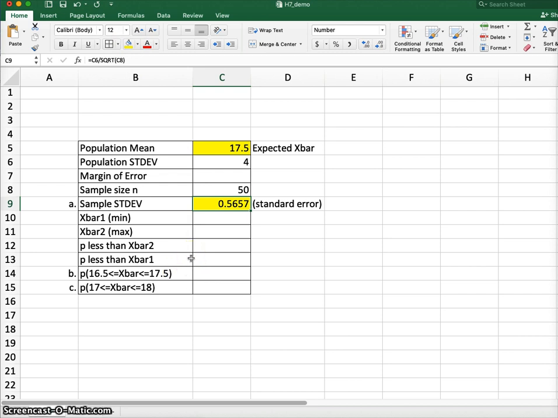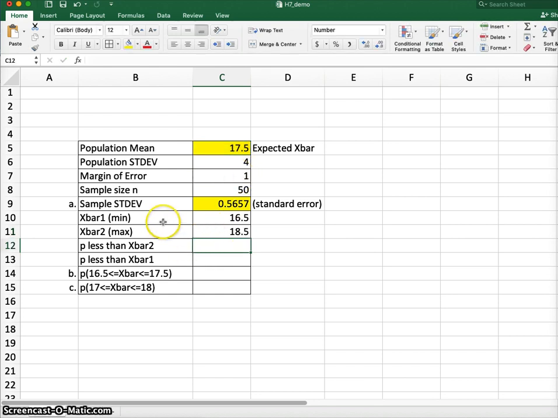Part B wants to know the probability that a random sample of 50 unemployed individuals will provide a sample mean within 1 week of the population mean. So my margin of error is within 1 week. I can figure my minimum and maximum sample means: the population mean minus 1 and the population mean plus 1.